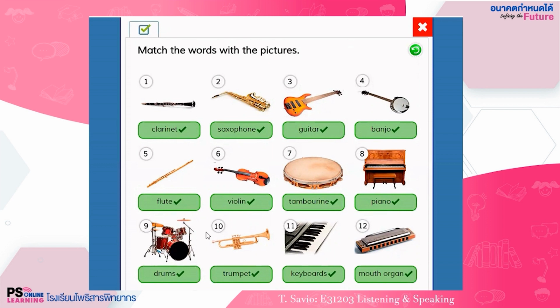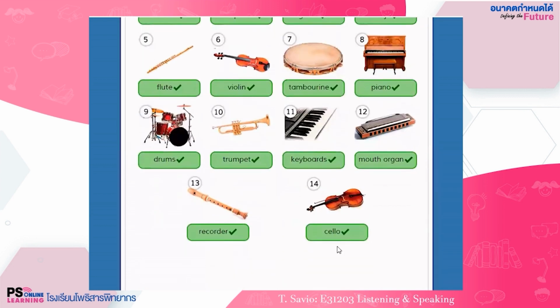The trumpet is an example of a wind instrument. The keyboard, like the piano, a percussion instrument. The mouth organ is a wind instrument. The recorder will be a wind instrument. And finally, the cello will also be a string instrument like the violin.